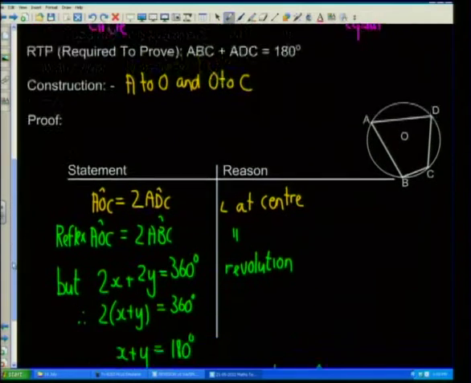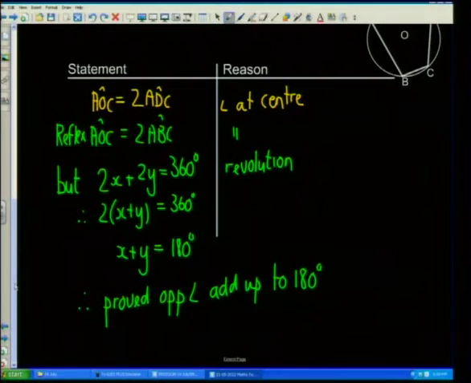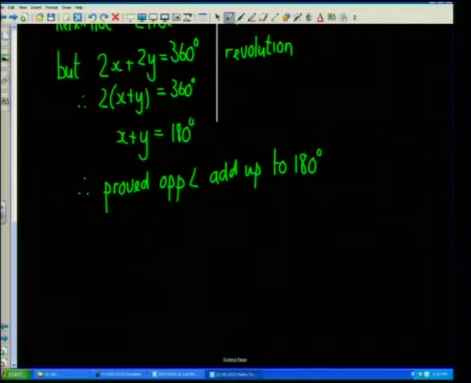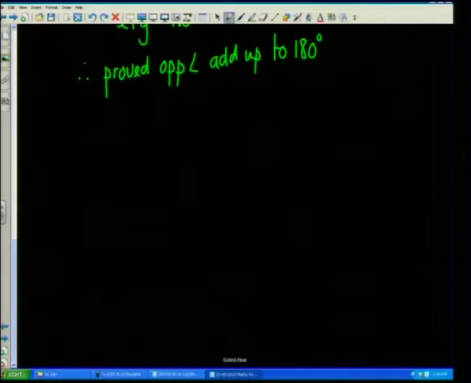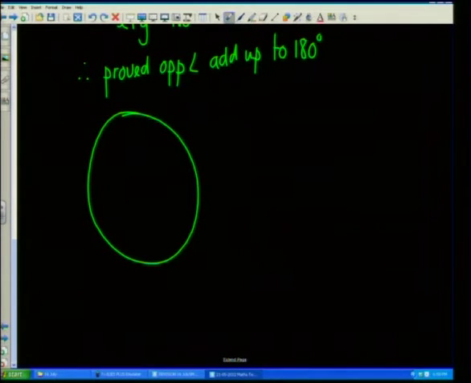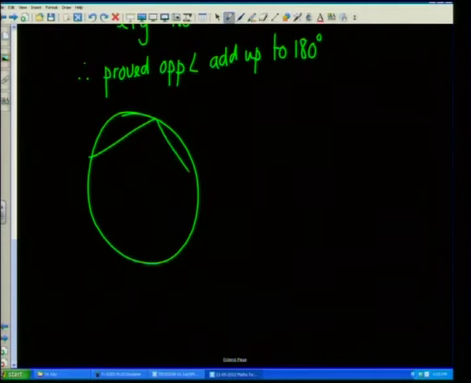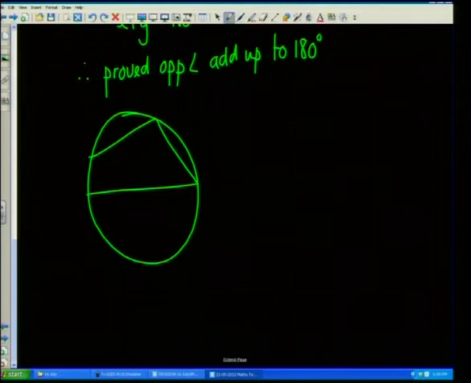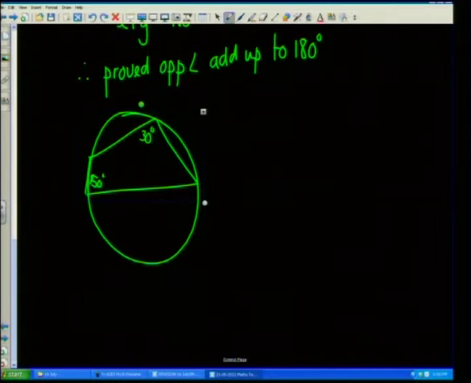Right, this has got huge impact on when we do problems, because the minute that we get something along these lines, and it doesn't matter where my cyclic quad is, if I give you that this is 30 degrees, doesn't look like it, but still, then I can automatically say that that one down there is 150.